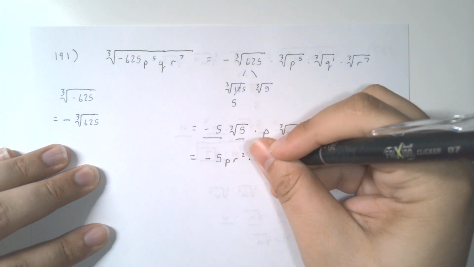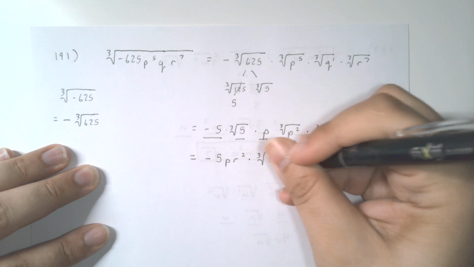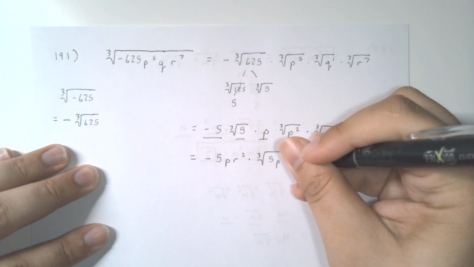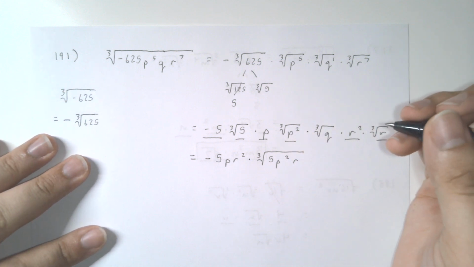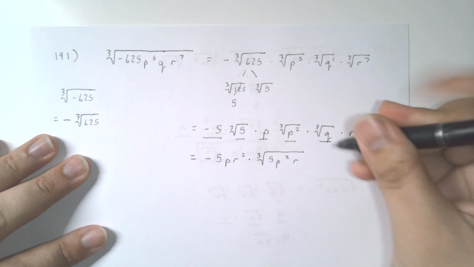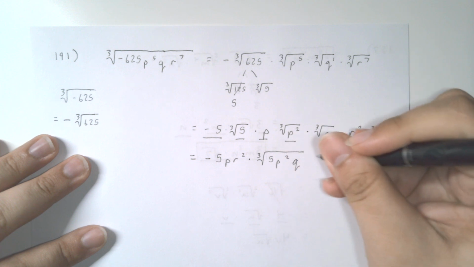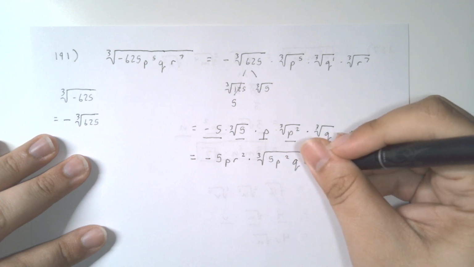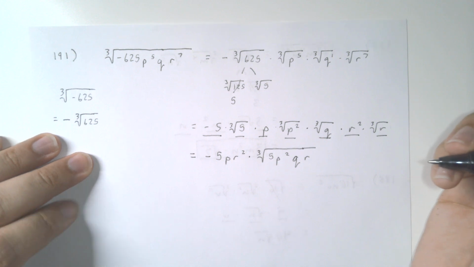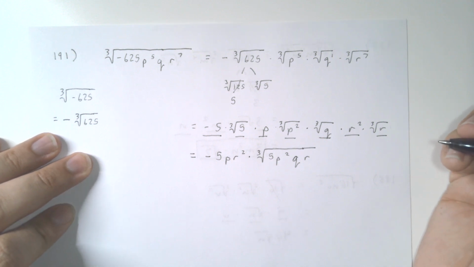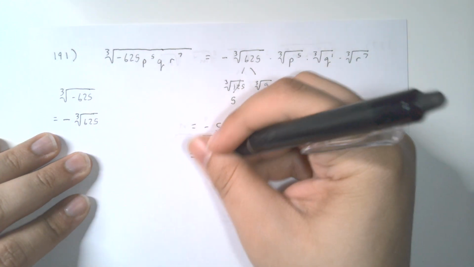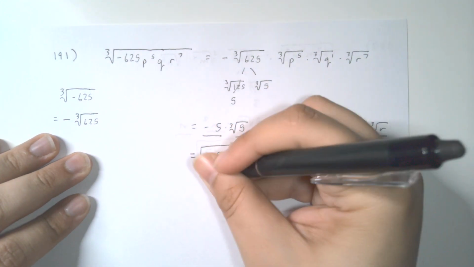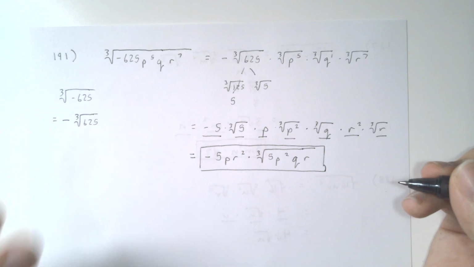This is going to be times the cube root of 5p squared times r. Oh, and a q. Sorry, forgot about the q there. Easy fix. So 5p squared q times r. There we go. And that is our final answer.